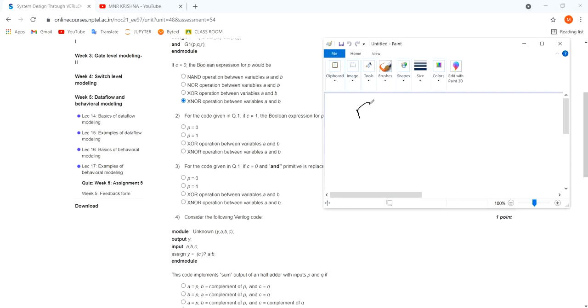Q is equal to A bar B C bar whole bar, comma, R is equal to A B bar C bar whole bar.